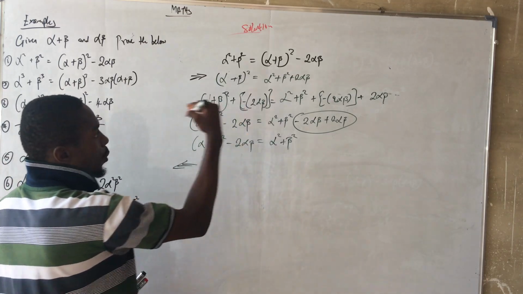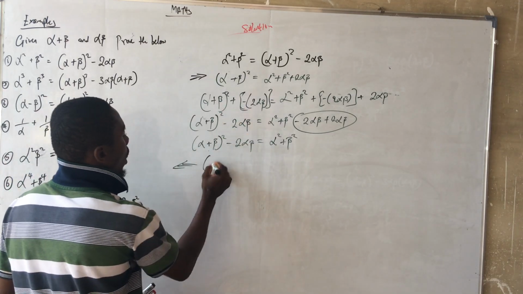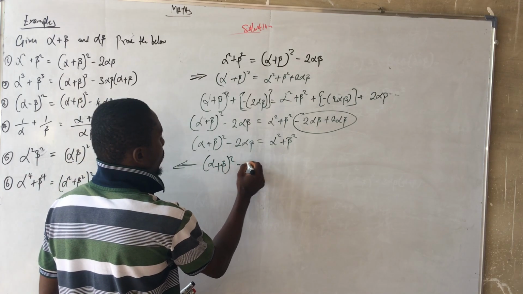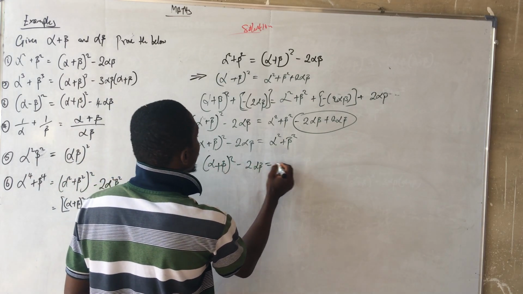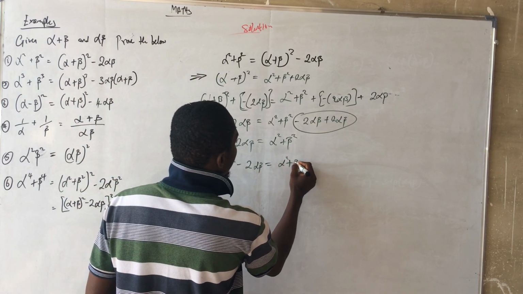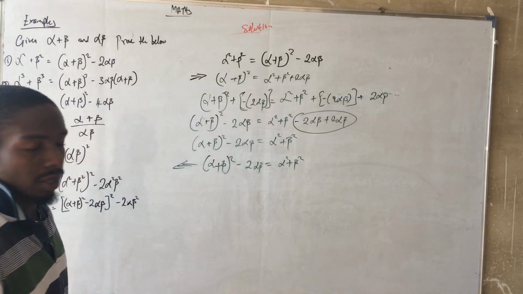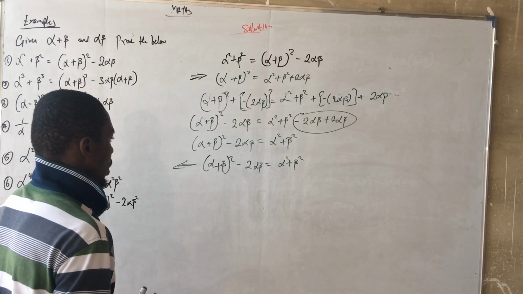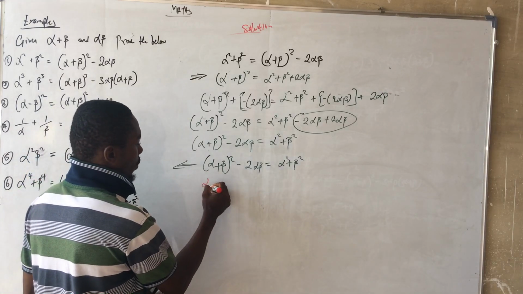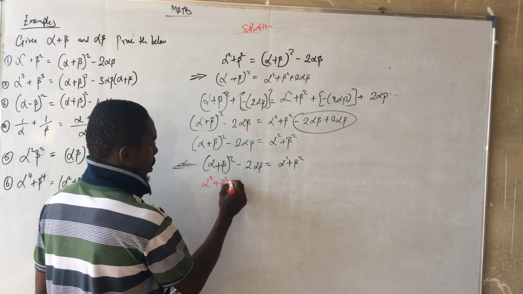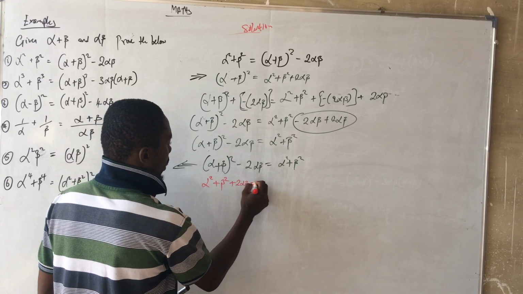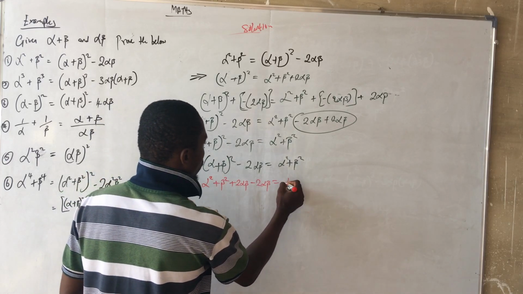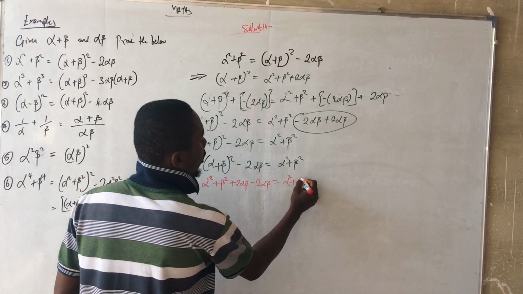So now I prove from this side that alpha plus beta all squared minus 2 alpha beta is equal to alpha square plus beta square. Actually, this is the simplest part, because the only thing I need to do here is to open this bracket. And when I open this bracket, what I'm going to have is alpha square plus beta square plus 2 alpha beta minus 2 alpha beta is equal to alpha square plus beta square.